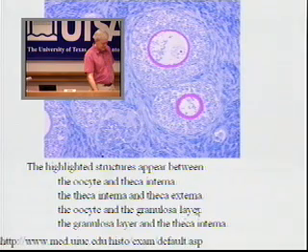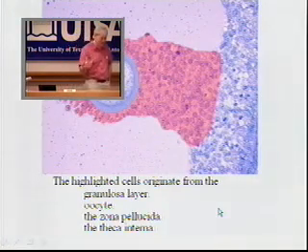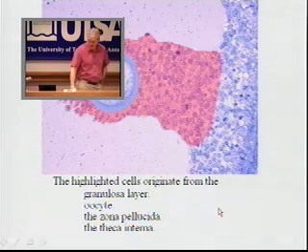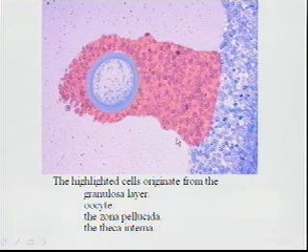granulosa layer. Not to answer the questions for you, but anyway, that's what you're supposed to be doing on your own as you discover these questions embedded within the lecture. So this one you should be able to answer immediately. The highlighted cells. So even though this looks like it might be highlighted, it's not cellular. It's an acellular layer, cell-free layer. This is the highlighted.